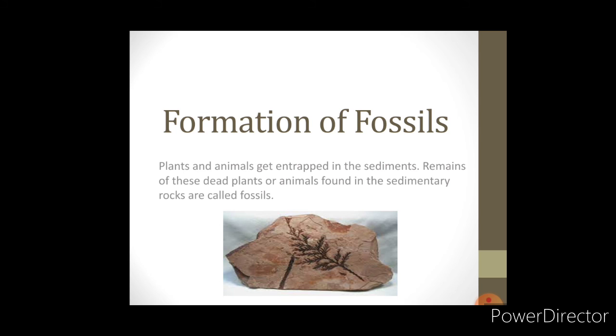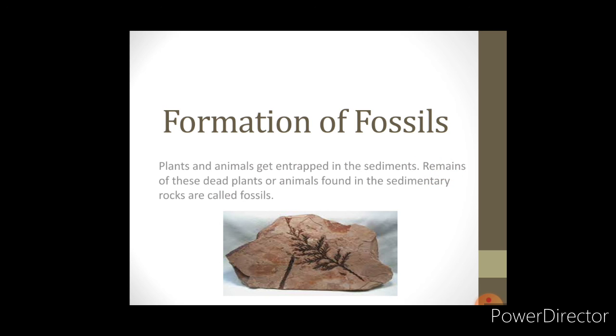So by using these fossils, scientists can find out the age of the plant or animal, what period they lived on planet Earth, what features they had, what characters, and which family they come under. All this information we get by studying fossils, the dead remains of plants and animals, right?